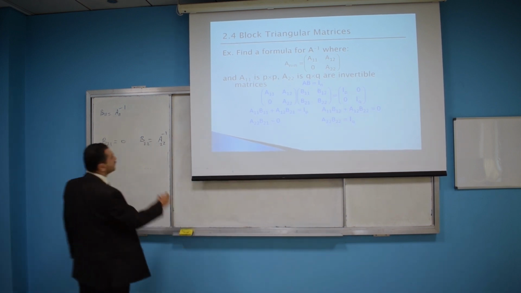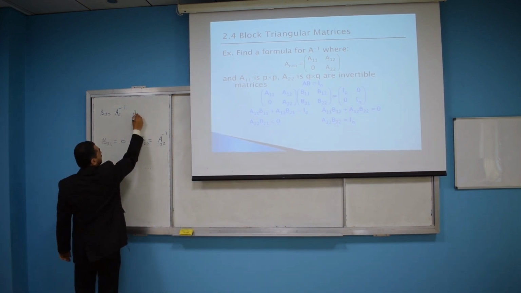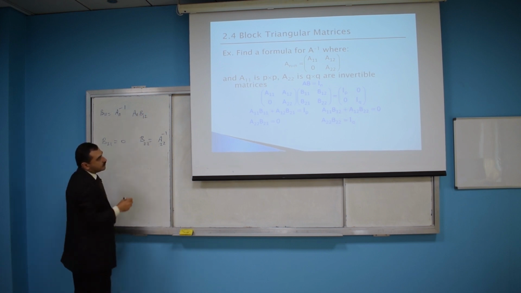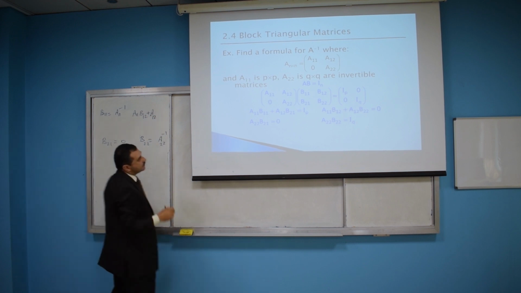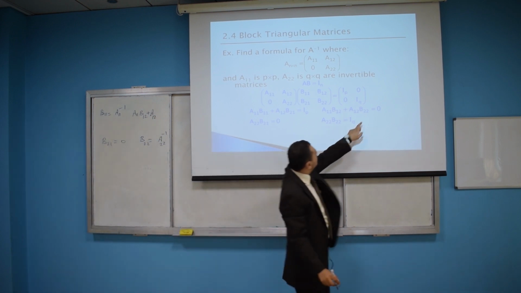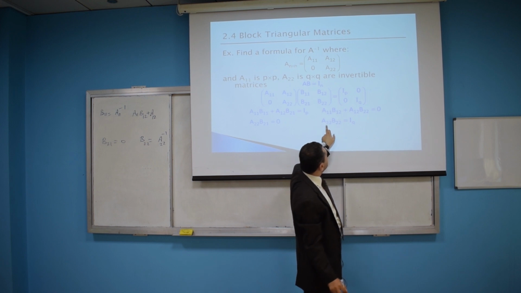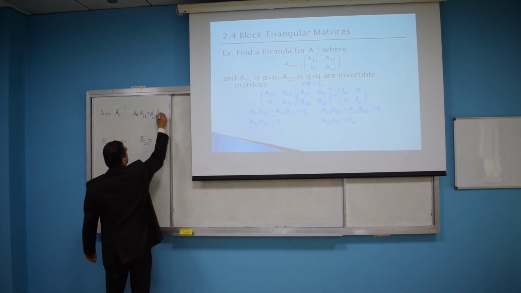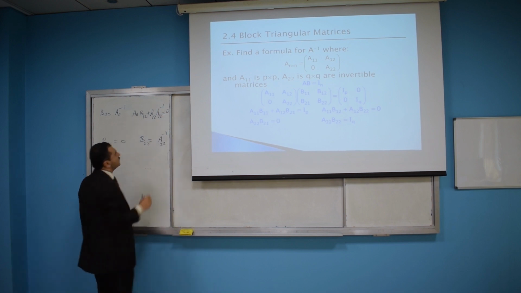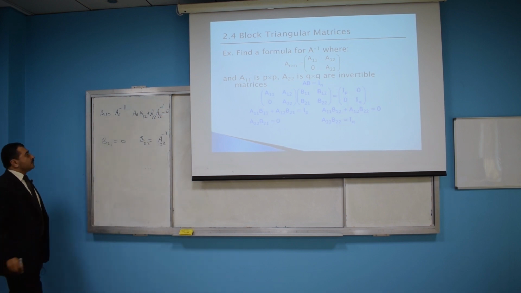So we have actually A11 B12 plus A12 times B22, which is the inverse of A22, equal to 0.